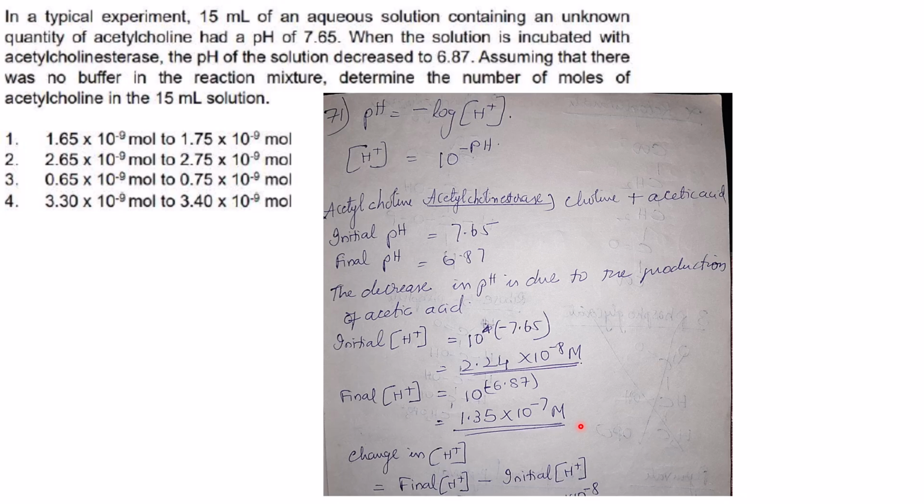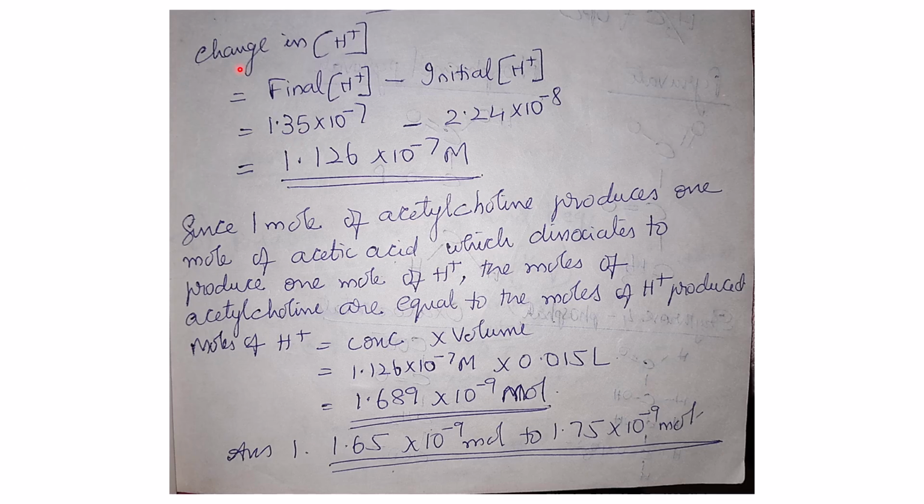Then you have to see the change in the hydrogen ion concentration. Final hydrogen ion concentration minus initial hydrogen ion concentration will give you the change, so the change will be 1.126 into 10 raised to minus 7 molar.